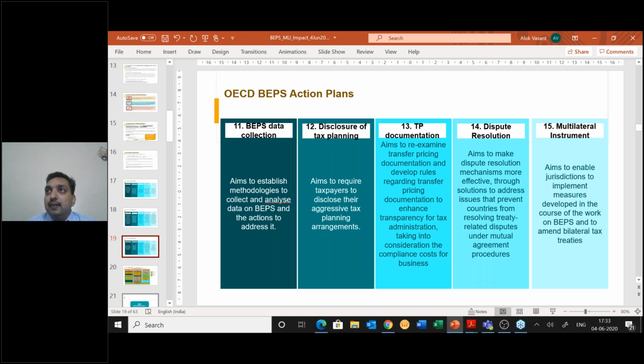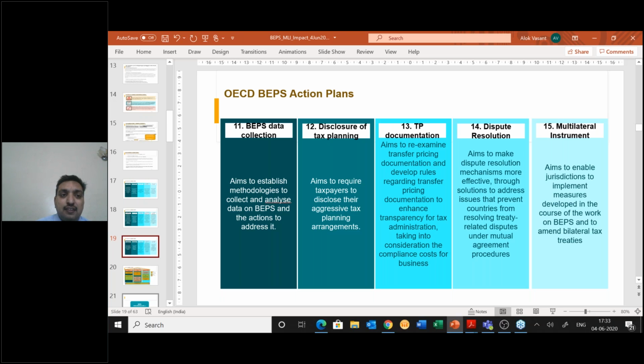Obviously, there were safeguards built in, and there were several options which were given to countries to choose from, so that different countries can take different options and they are not bound by a single decision.